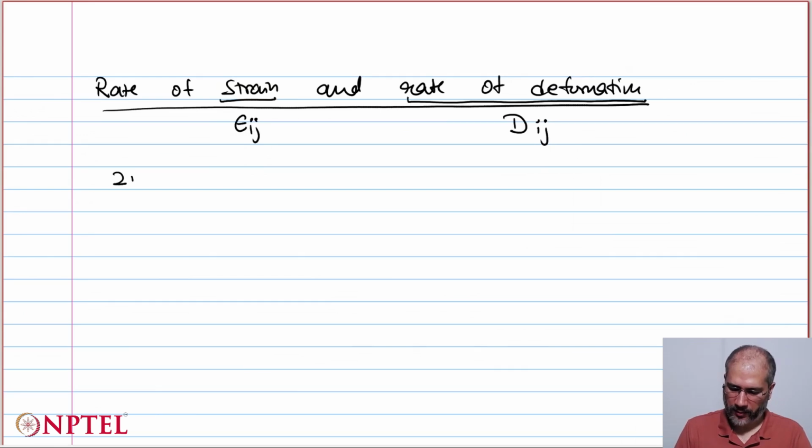In finite deformation theory, the Lagrangian finite strain tensor, twice of that, was defined as C minus I, where C is the Green's deformation tensor, and this is F transpose F minus I, where F is the deformation gradient tensor. So in index notation, I can write twice EAB is FiA times FiB minus delta AB.